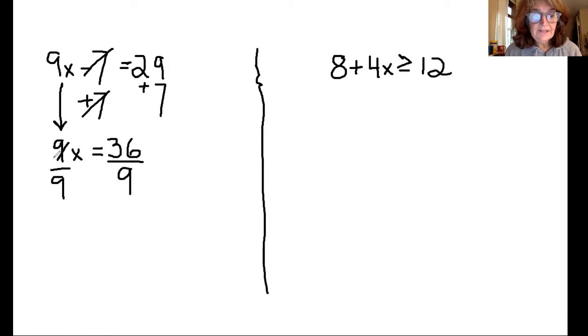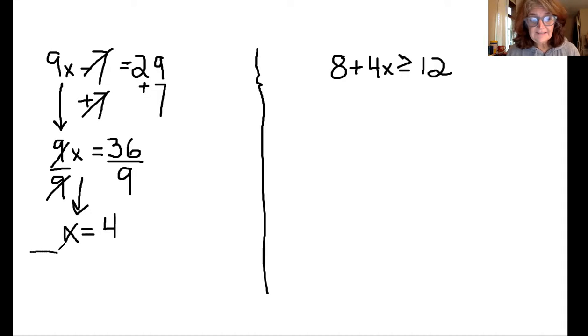So 9 divided by 9, we know, is 1. So now I have this x all by itself. This is wonderful. X is all by itself. And 36 divided by 9 is 4. And so my answer here is x is equal to 4.